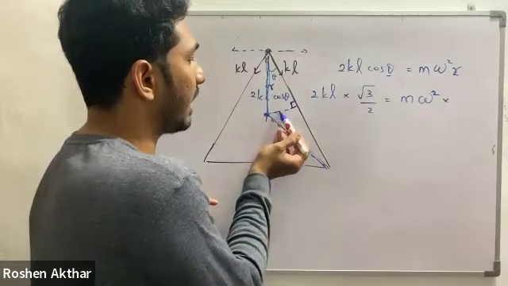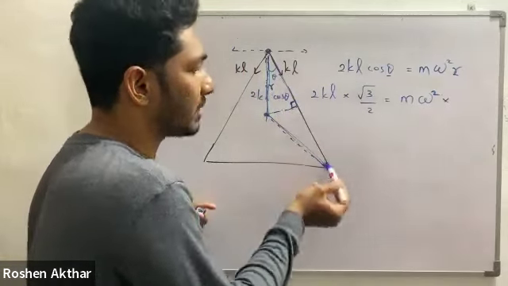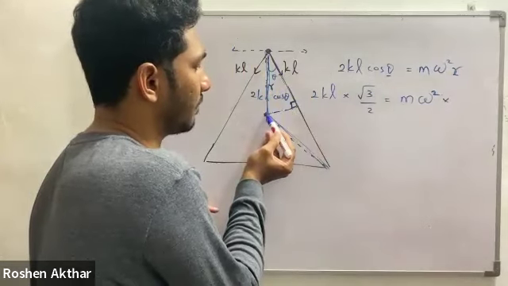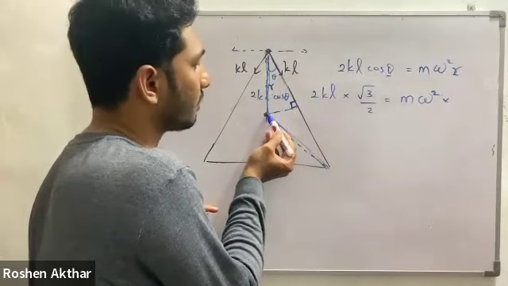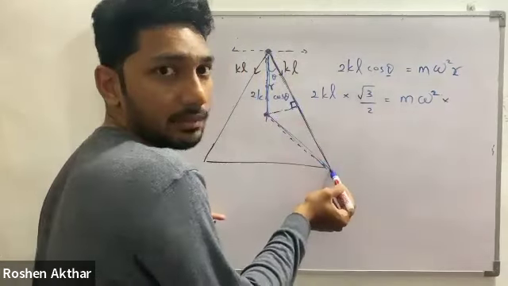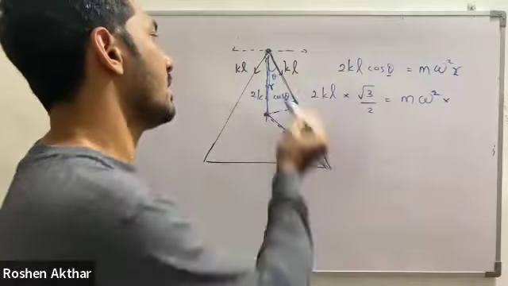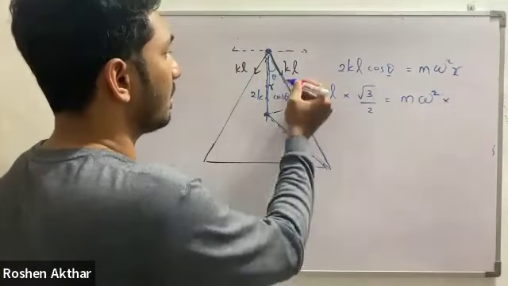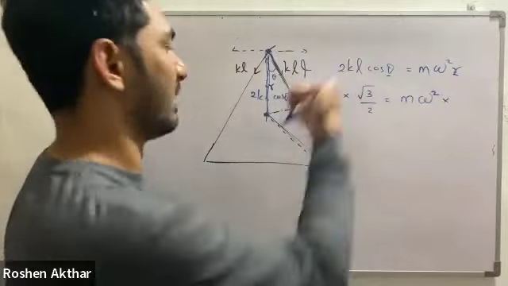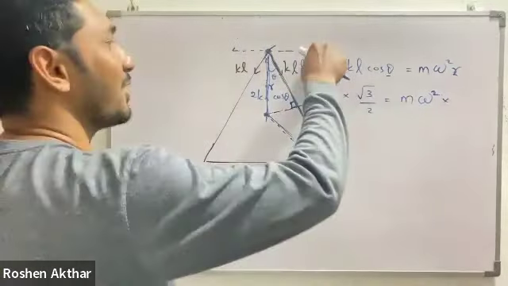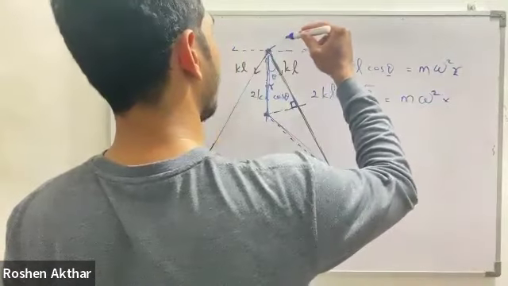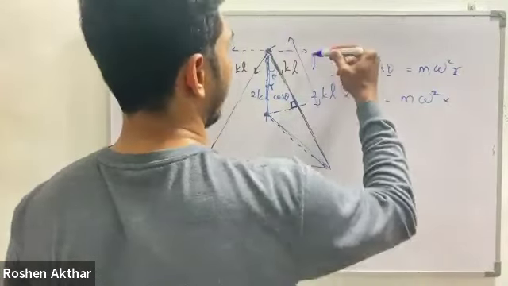When a straight line is drawn to the base of the isosceles triangle perpendicularly from this point, that will bisect this line. We studied that in grade 9. So if this length is 2L, this half of this will be L. Sorry, it's a lot of letters here. Half of that length will be L.